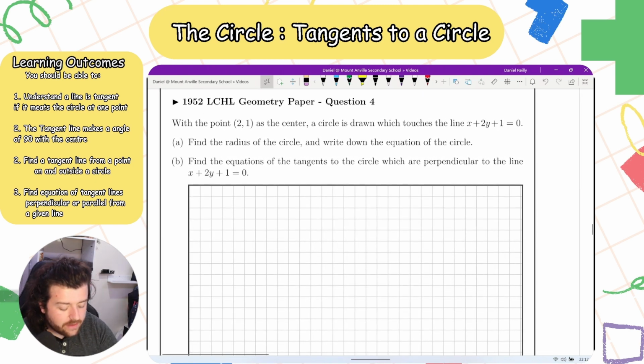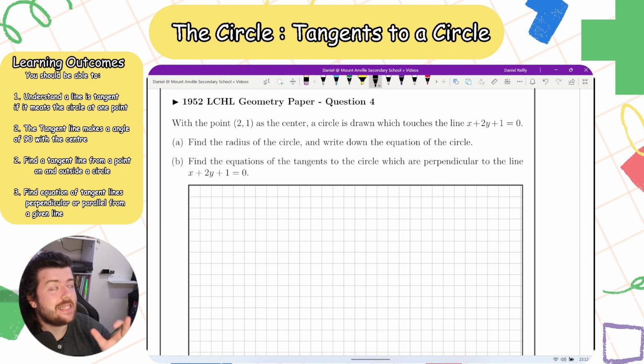This is from a geometry paper. So back in the day, they used to do an algebra paper and a geometry paper. And so this is from a very old paper. With the point 2, 1 as the center, a circle is drawn which touches the line x plus 2y plus 1 equals 0. Find the radius of the circle.